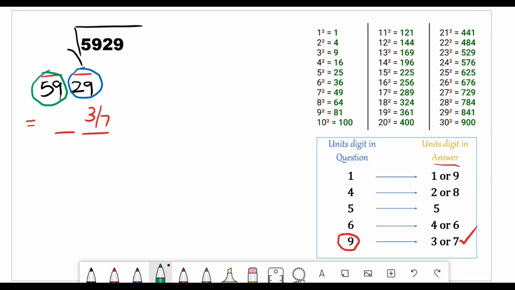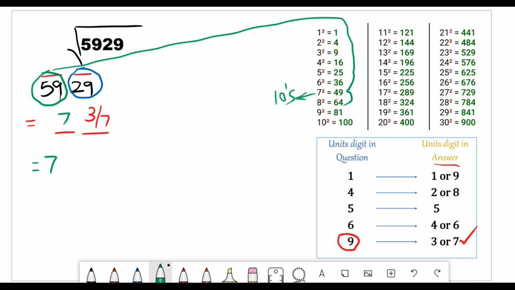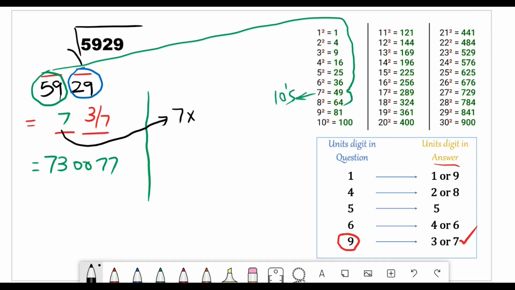Now 59 lies in between 49 and 64. Hence we take the smallest number as the tens digit of the answer, that is 7. Now we can easily say either 73 or 77 will be the answer. For this we take the tens digit of the answer, that is 7, and multiply it with its next number, that is 8.